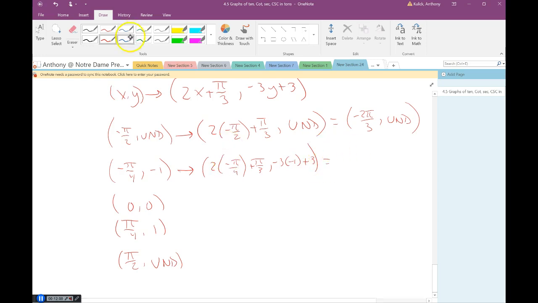So this part is going to turn into negative pi over 2, right? So to add negative pi over 2 to positive pi over 3, I need to have a common denominator. That common denominator would be 6. So I'd have negative 3 pi over 6 plus 2 pi over 6.